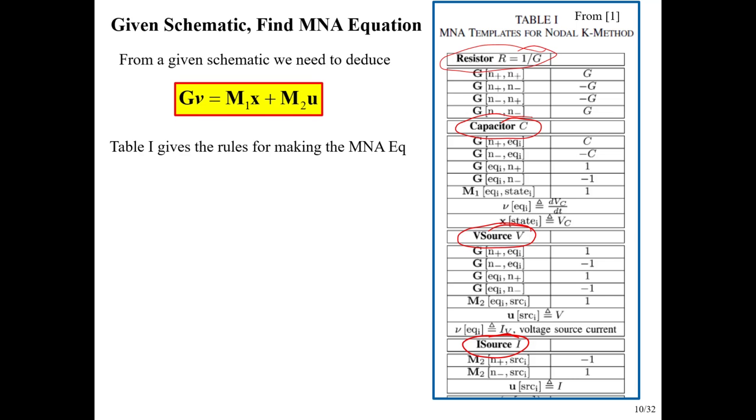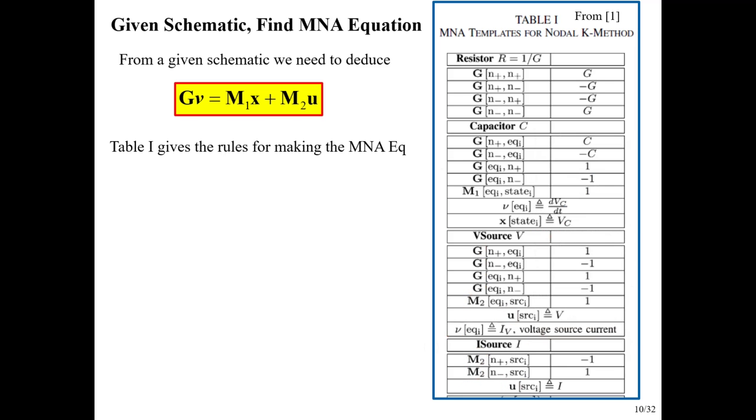So these are rules. They tell us what to put in elements of G for a resistor; what to put in elements of G, M, V and X for a capacitor; what to put in elements of G, M2, the U vector and the V vector for a voltage source; and what to put in M2 and U for a current source.